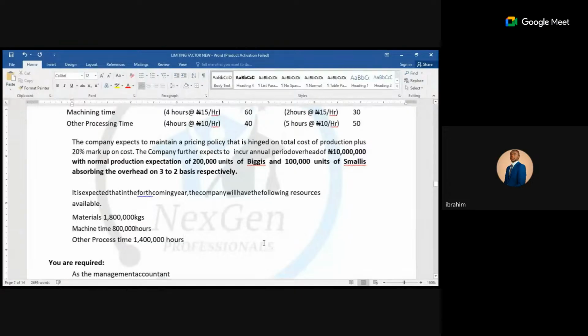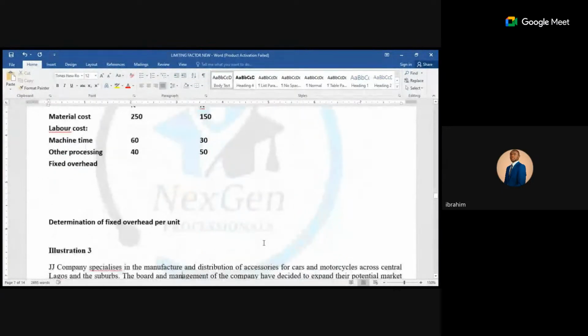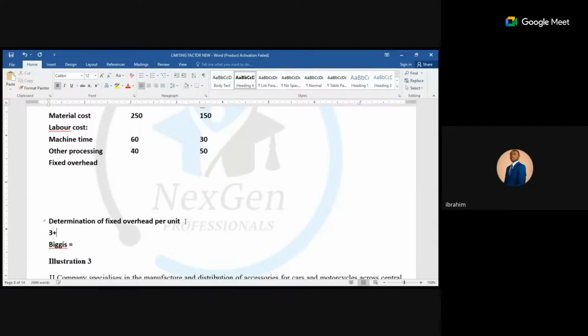That is 3 plus 2 is 5, 3 for biggies, and 2 for smallies. So we can have here biggies equals 3 plus 2 equals 5, this is 3 over 5 times 10 million.